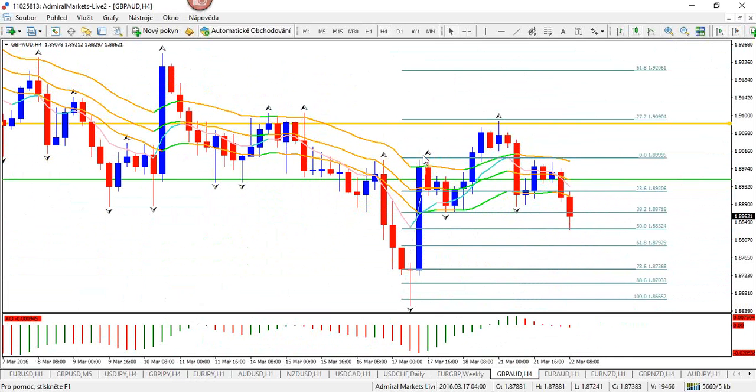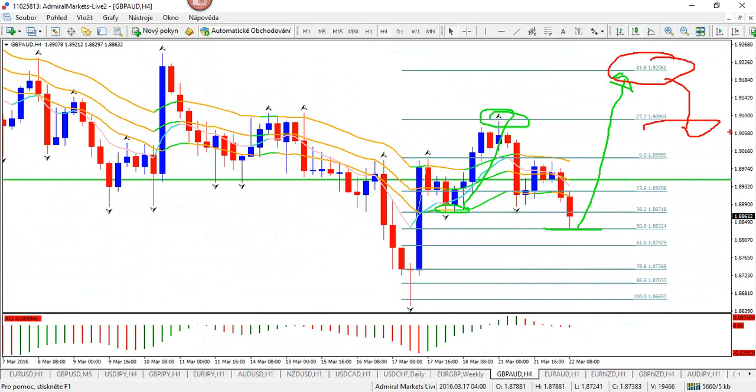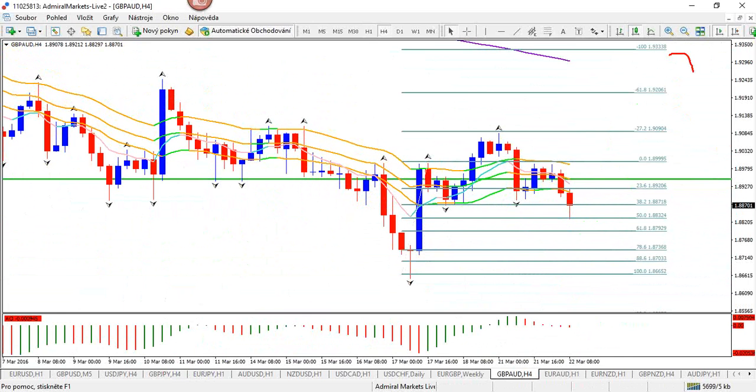Alrighty, those are the minus 270 target. You can see we had a 38.2 fib bounce, went up to the target. Now we're at the 50 fib. That could be the spot for a move up to that 192. And then this could be the ideal location here, or the next target, for a turnaround.